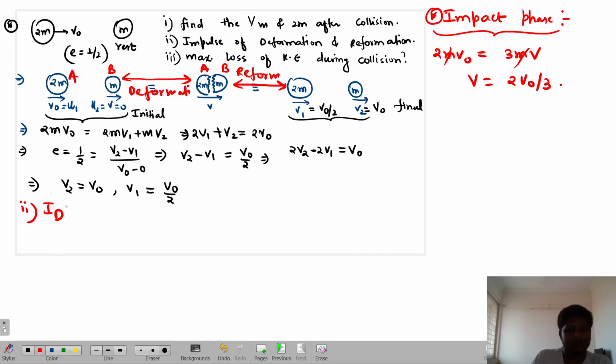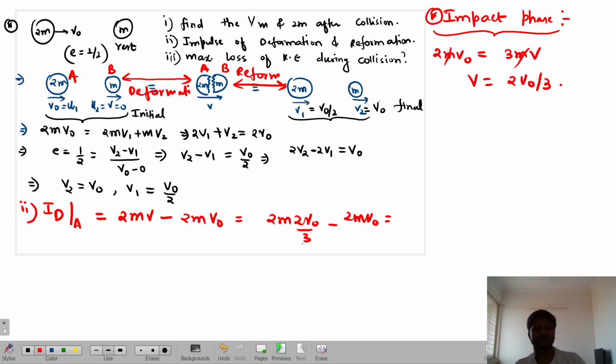So ID of, let's suppose I take block A, is going to be 2m into velocity v minus 2m into v naught. So this is 2m into velocity v, which is 2 v naught by 3, minus 2m v naught.